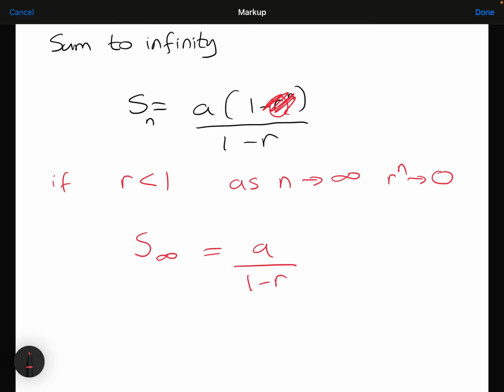So that sequence I had a moment ago, the 1000, 100, 10, 1, and so on. My first term is 1000, my common ratio is 1/10. So what would be the sum to infinity of this sequence?